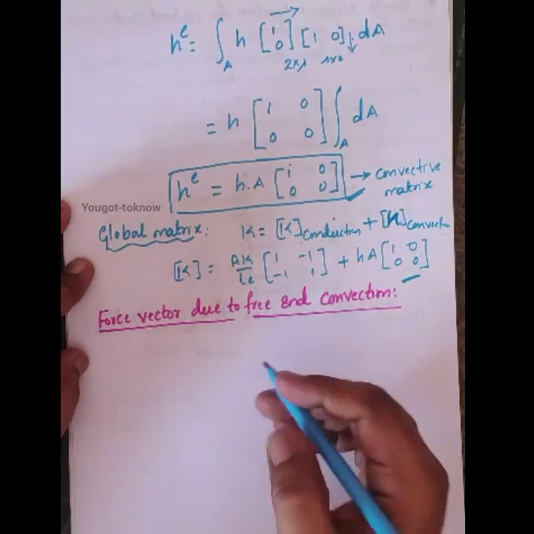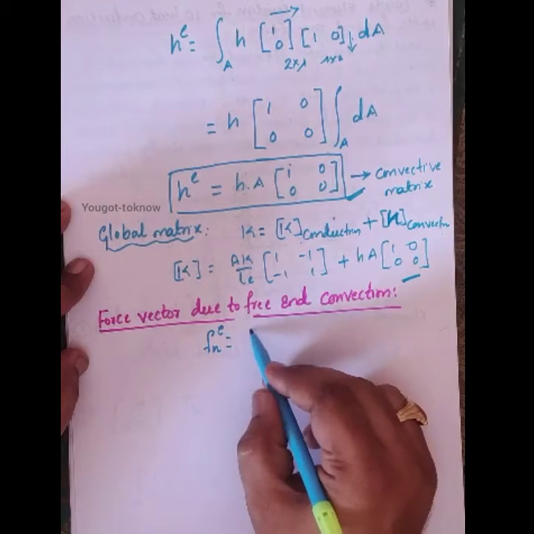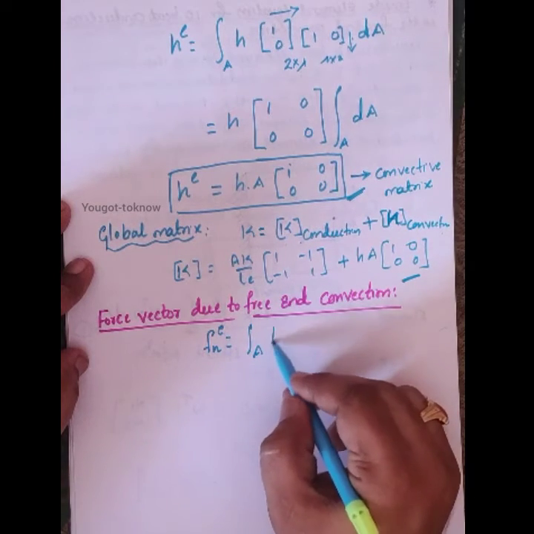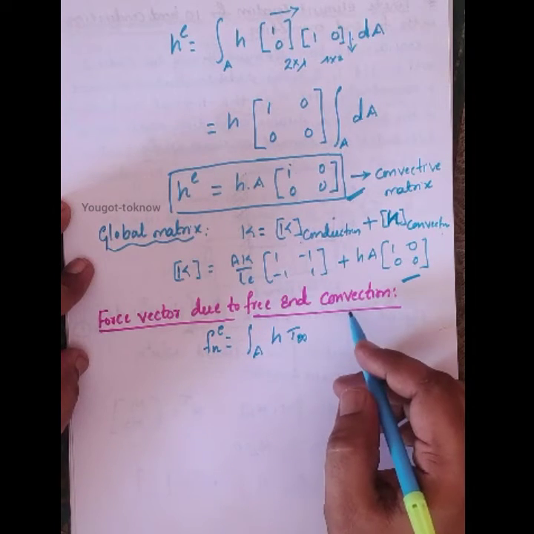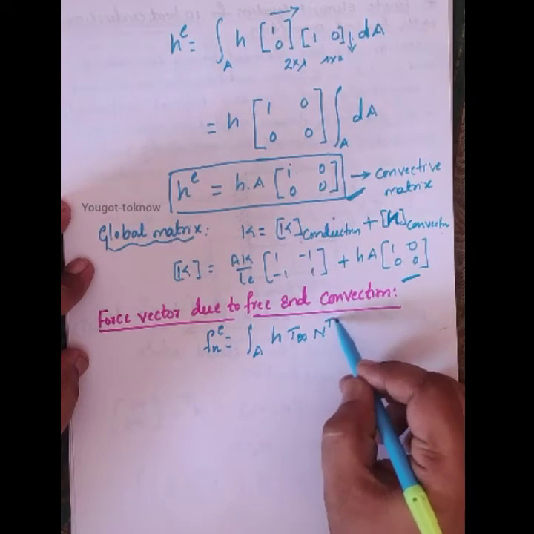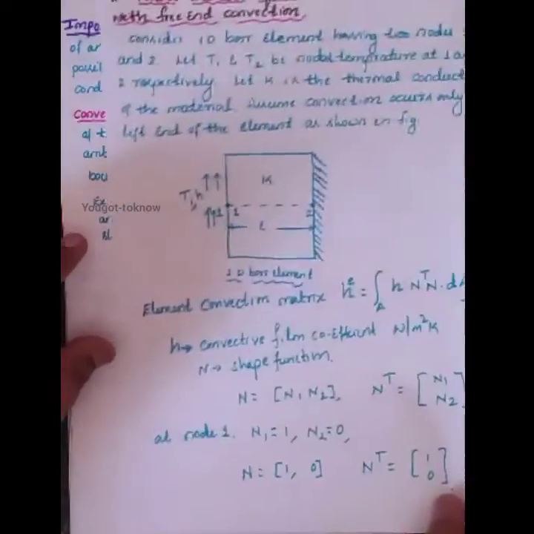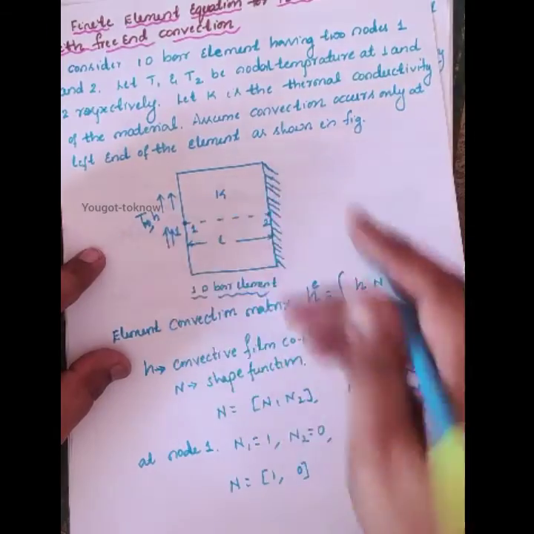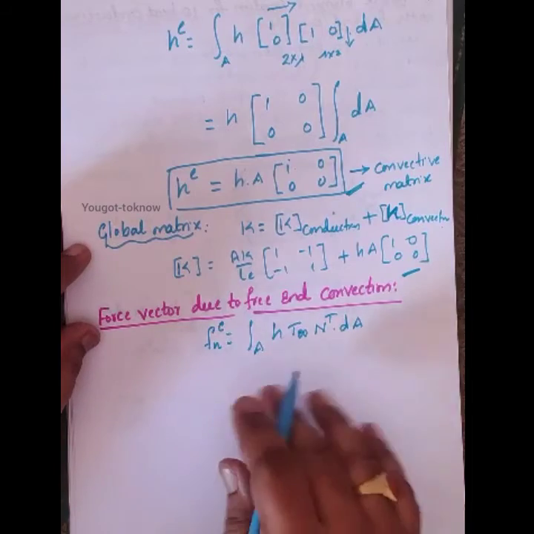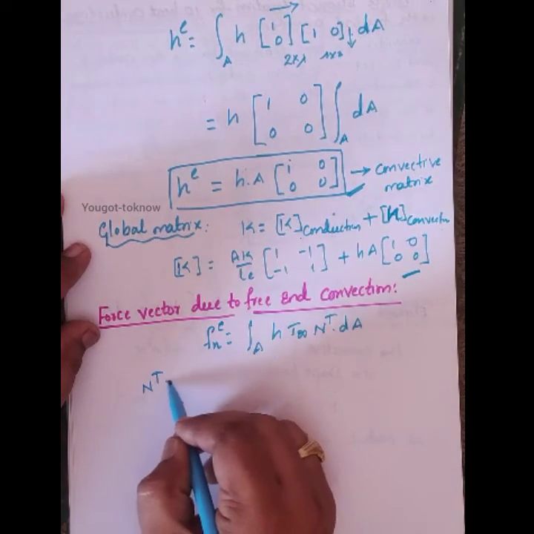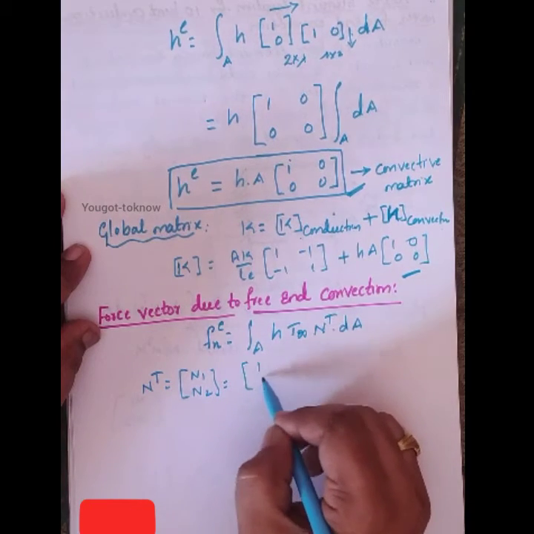This is also the same. The force vector due to convection, F_H^e, will be the integral of H times T infinity times N transpose dA, where T infinity is the ambient temperature. What is N transpose? From the previous one, N1, N2 is 1, 0.